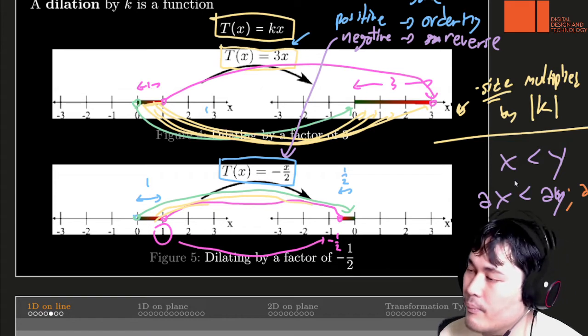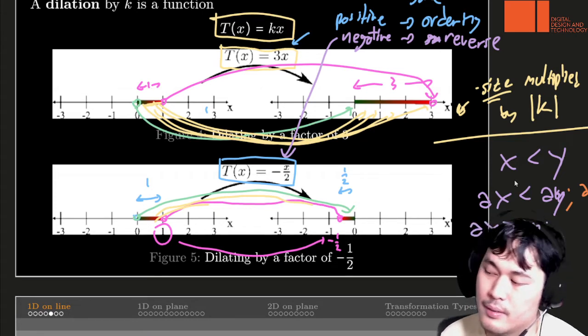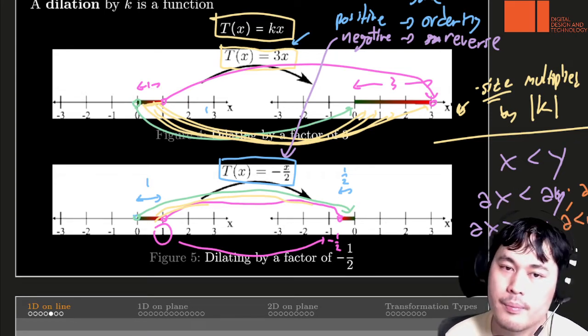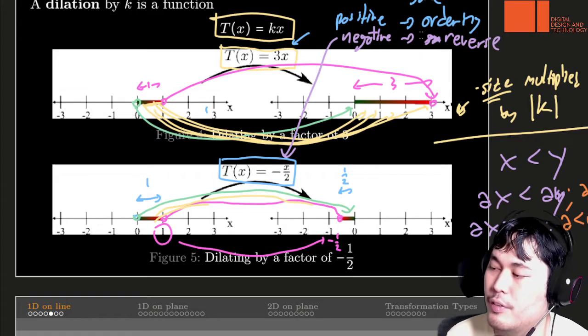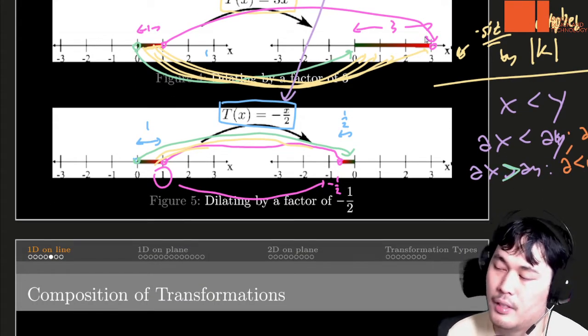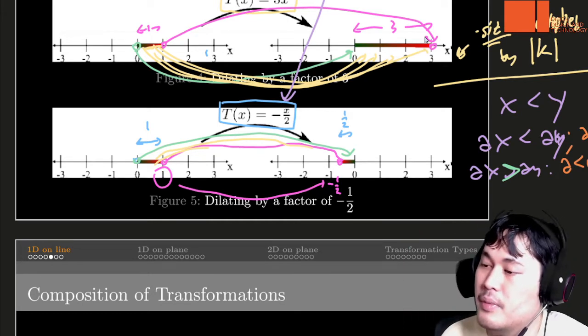Again, which makes sense. And on the other hand, if the multiplier, or in this case the scale, is negative, then the order is flipped. If x is on the left, then a times x is on the right, because something is flipped.